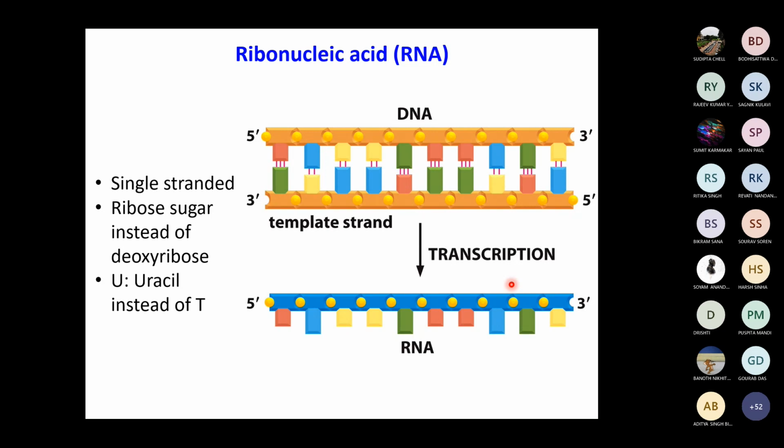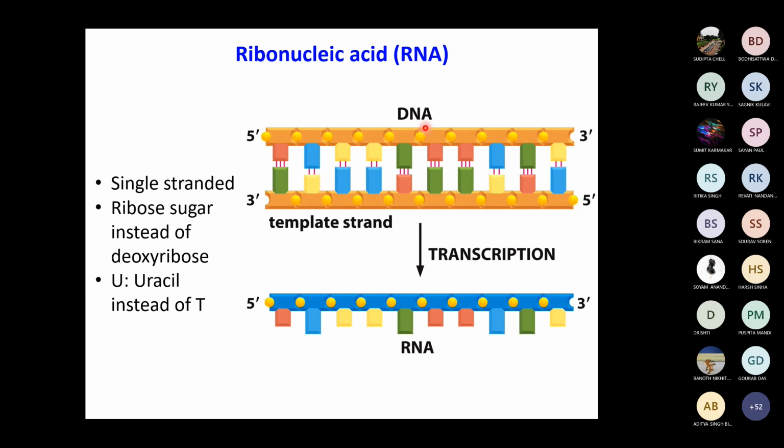So transcription is the step from DNA to RNA, and from RNA to protein we have translation. The major difference between DNA and RNA, as you can see, is that DNA has two strands, a double helical structure, but RNA has just one strand. And another basic difference that we had discussed is the sugar.